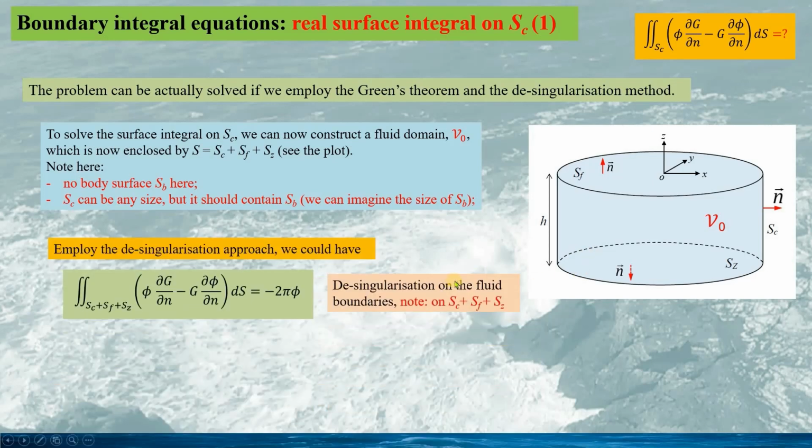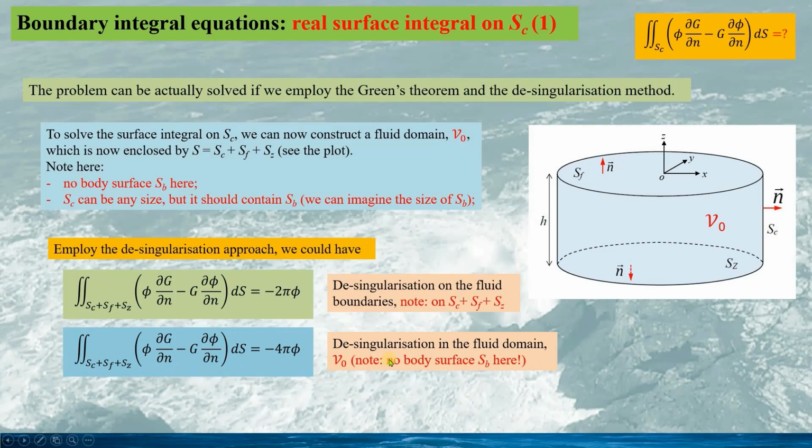Based on the Green's theorem and the de-singularisation approach, we could have the expression for the potential on the boundary. Here, phi on the left-hand side is on the fluid boundary on SC or on SF or on SZ.